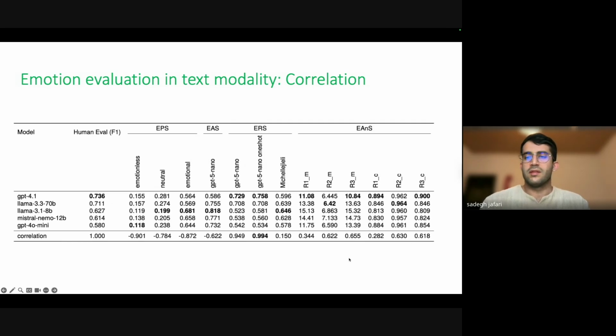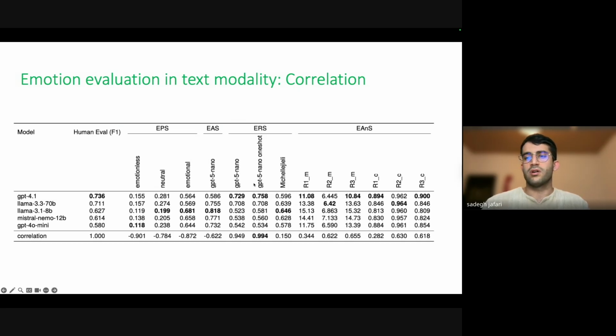So if we have higher correlation, it means that the values in that automatic metric are correlated to human results, and it's more reliable. So here we have 2 really high correlations.